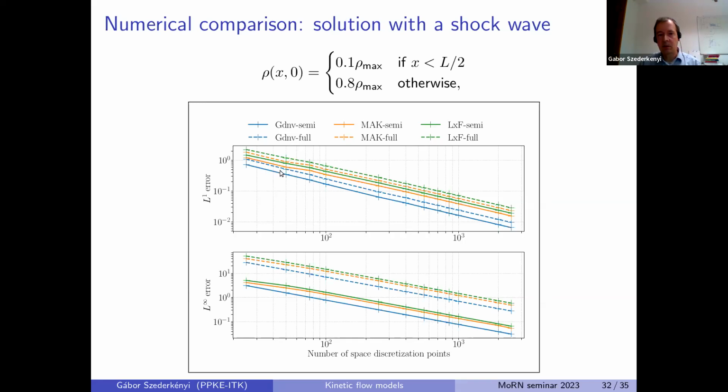So this is the best. The mass action discretization is between the Godunov and the Lax-Friedrichs scheme, which is also quite frequently used. So this shows that in a numerical sense, this discretization is not the best, but our purpose was not to give the best numerical scheme, but to get a relationship between kinetic models and traffic models.